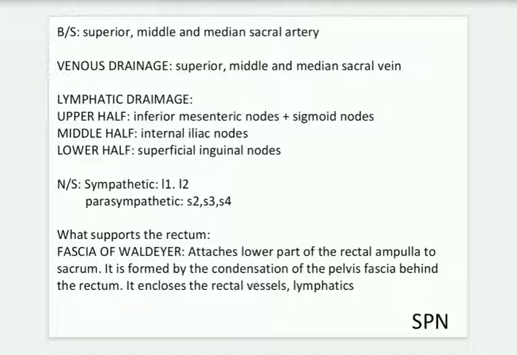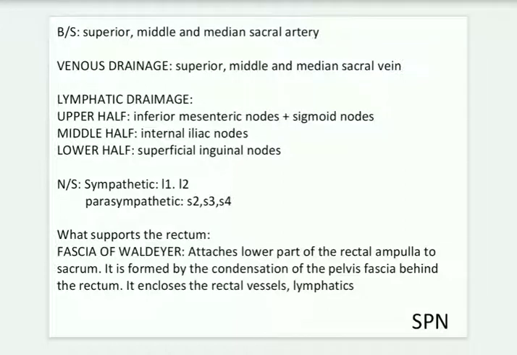Next, this is basic and the most important: what supports the rectum to be in place in that position? Apart from the pelvic floor, which is formed by the levator ani muscles, there is the fascia of Waldeyer.